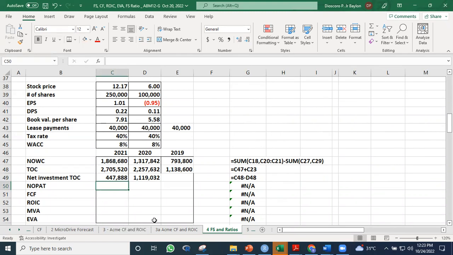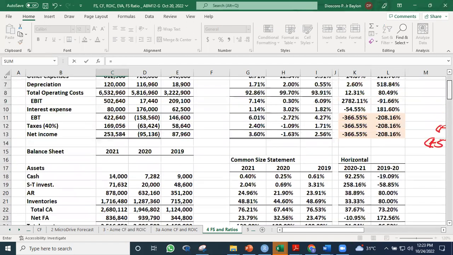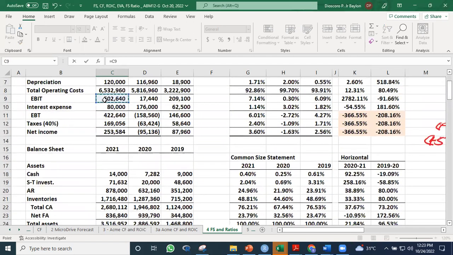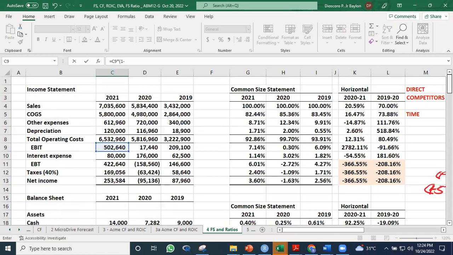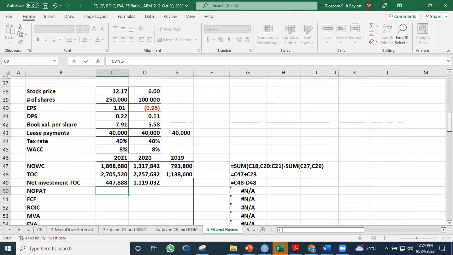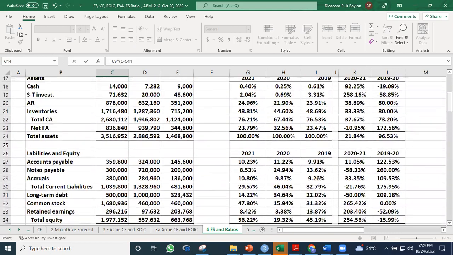Okay, and then what's NOPAT? Guys, what's NOPAT? NOPAT is, kung makalimutan yung formula natin, it's your EBIT times quantity 1 minus the tax rate. Given ba yung 40%? Ito, yan. Hindi natin nabigyan ng pangalan, pero okay lang.